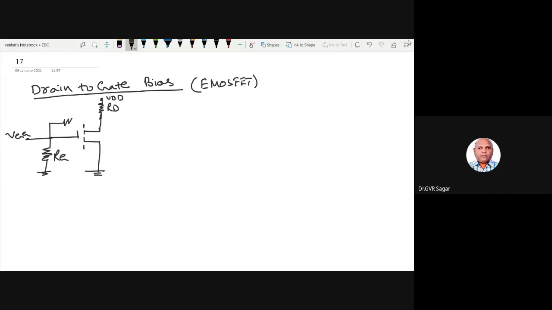And the feedback resistance here, RF. The drain, gate, and the source.